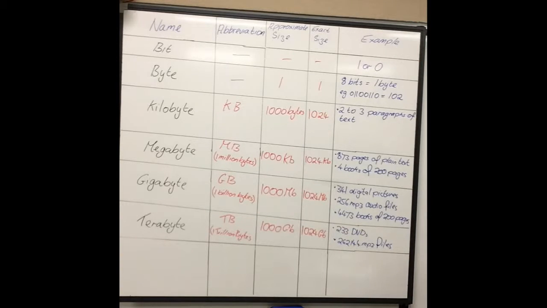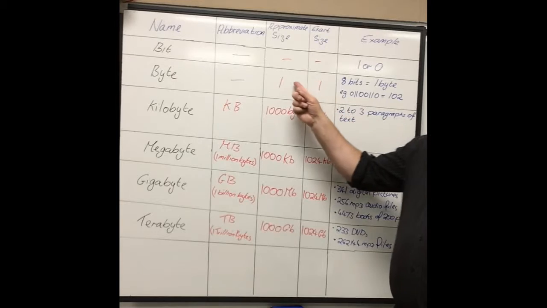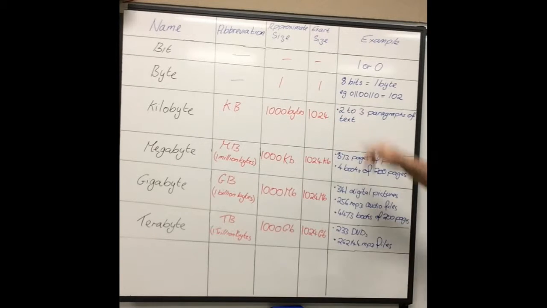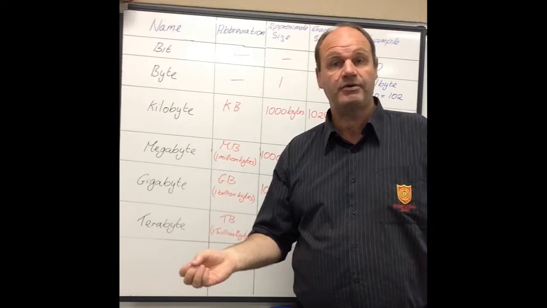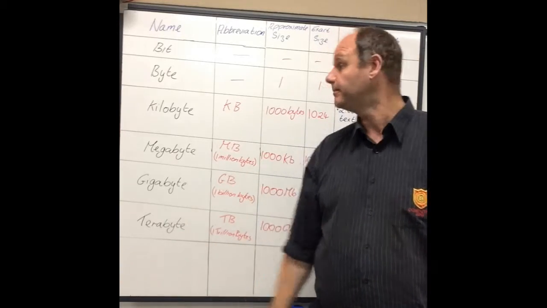The size: 1 byte is 1, and you can see that you have 8 bits to make 1 byte, and we have 1 byte here made up of ones and zeros. So 01100110 makes a number of 102, and I'll show you in later videos how we're able to turn binary numbers into decimal.